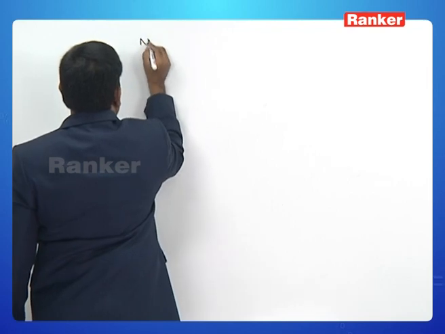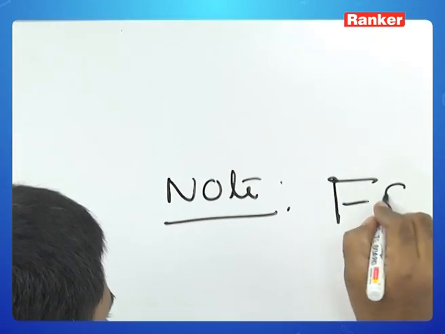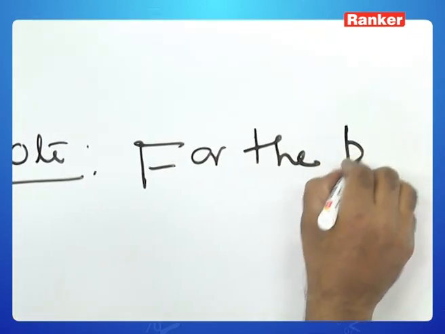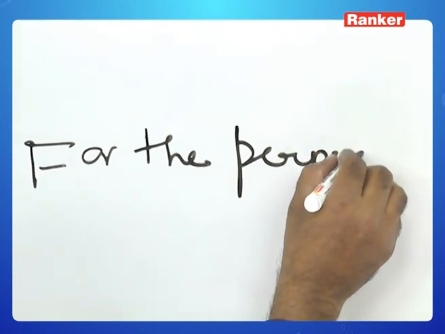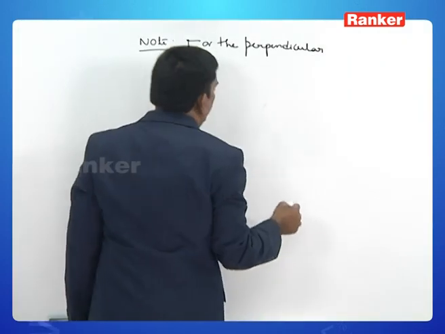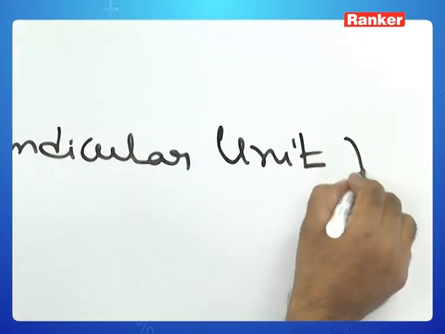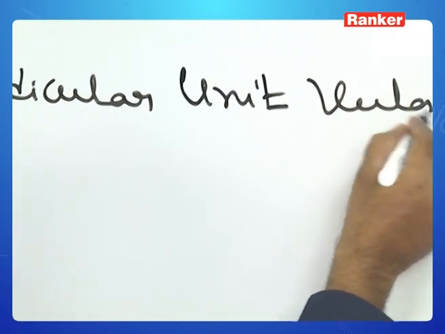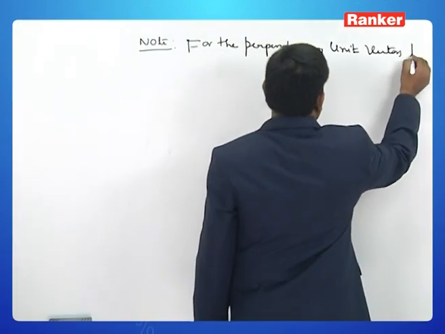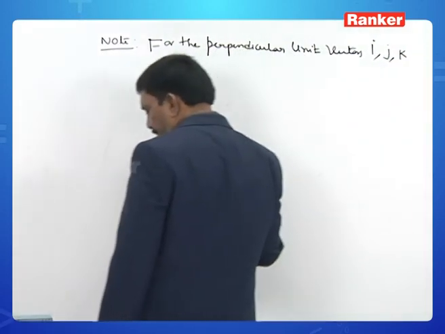Next note comes about the perpendicular unit vectors, that is vectors i, j, k.